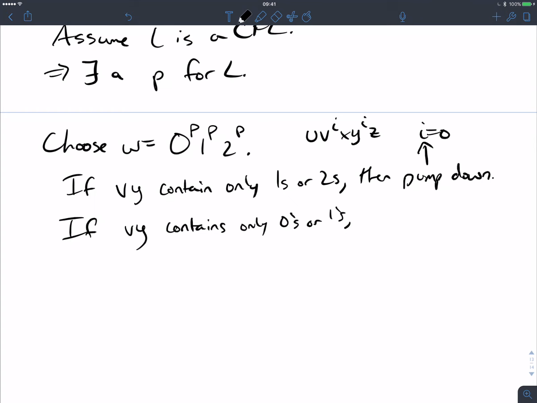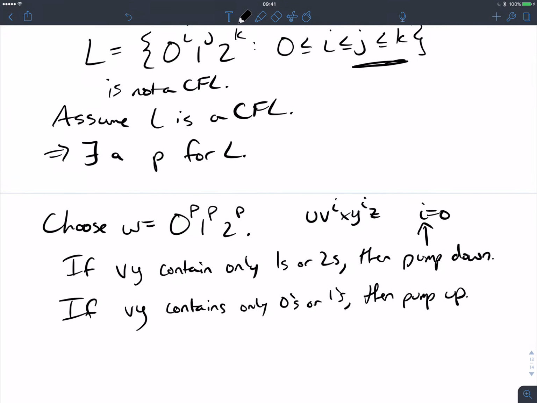So then pump up. I may get a string that's not even in the language because I may have a 1-0 substring or a 2-1 substring, but I don't even care about that. I care that I have either more zeros or more ones than twos, and therefore I get out. And those are the only conditions.